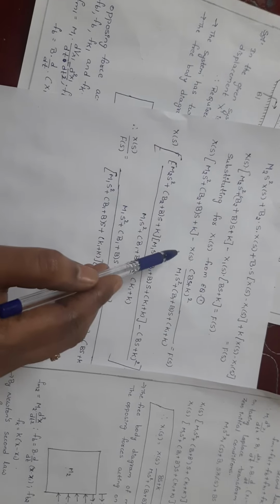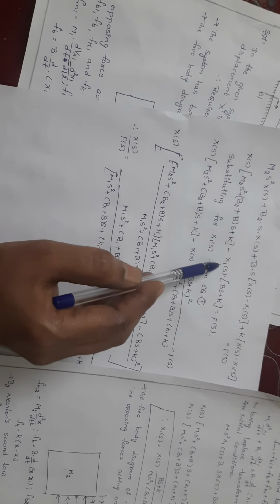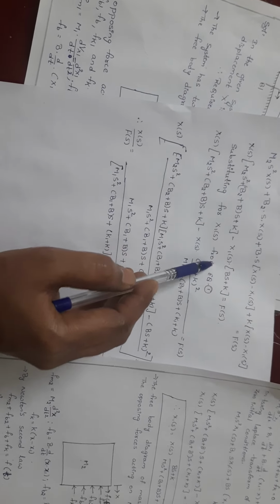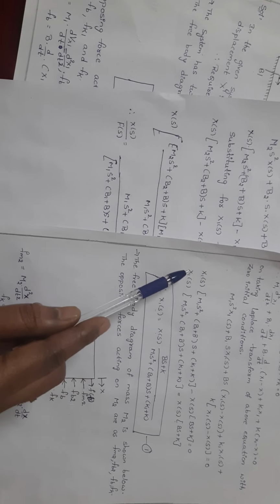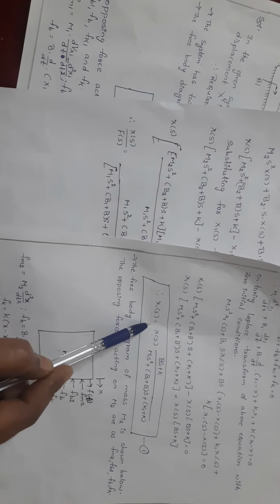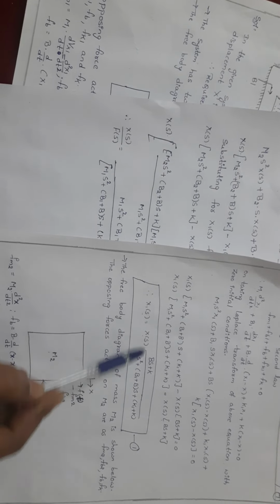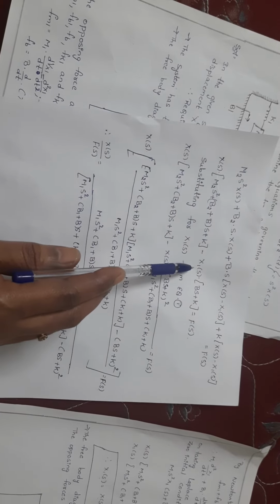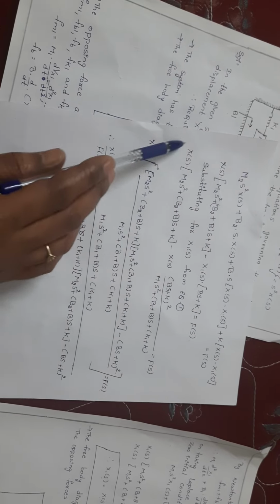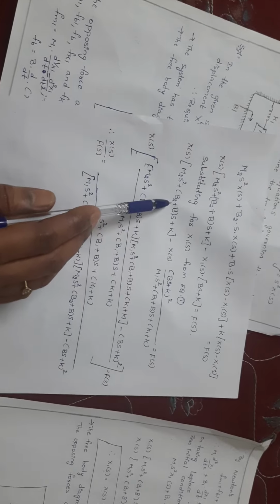So in place of x1 of s, if you substitute the total equation in terms of x of s, that is x of s into bs plus k by this term. Now you have x1 of s from the first m1 equation, right? If this x1 of s is substituted in this equation, then you will have the total equation in terms of x of s.